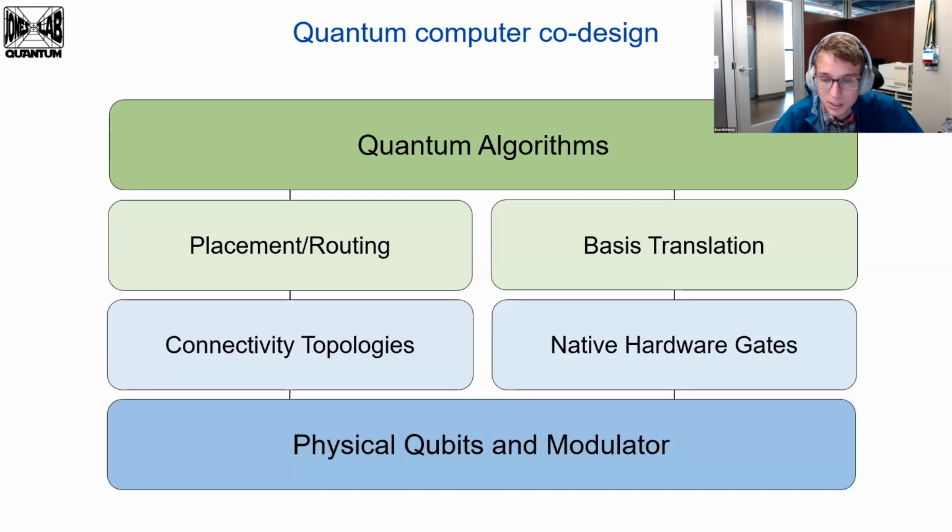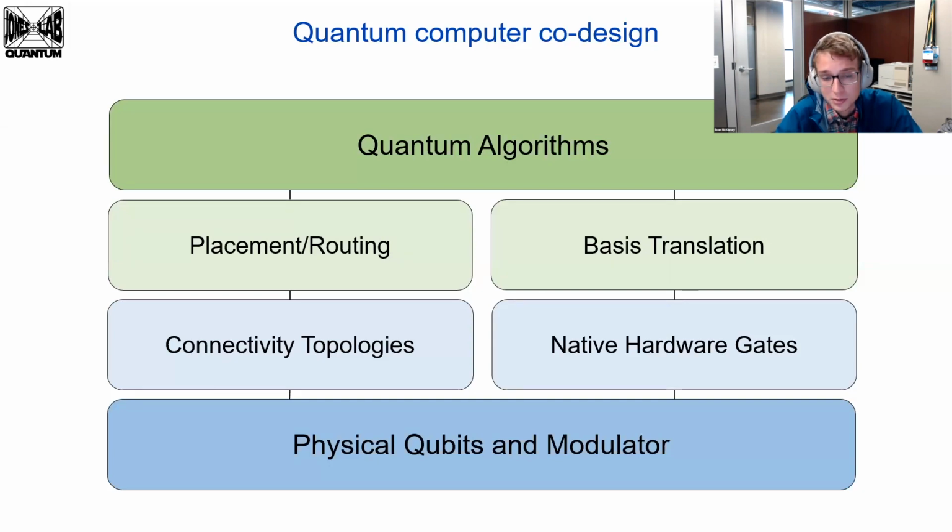There are two main separations of concerns that guide this. The first is the leg on the left, which deals with the fact that our physical devices have limited qubit connectivity. This means that we can't perform our gates between arbitrary pairs of qubits. The physical mechanisms which create the qubits and create the couplings between them, which we'll refer to as a modulator, just some generic creation of couplings between qubits, mean that we can't talk to all qubits to one another.